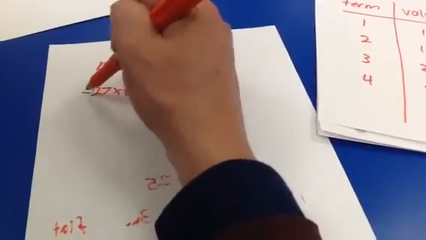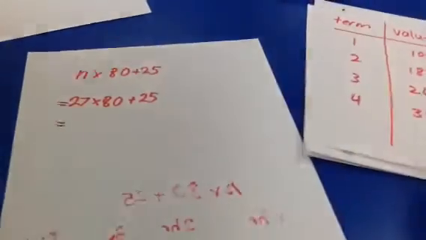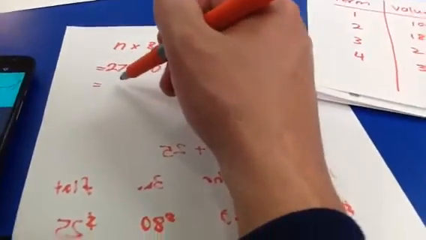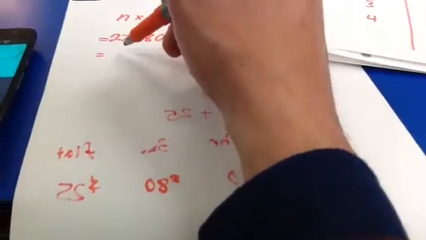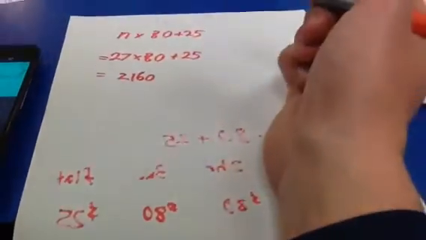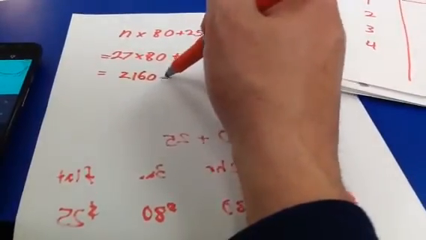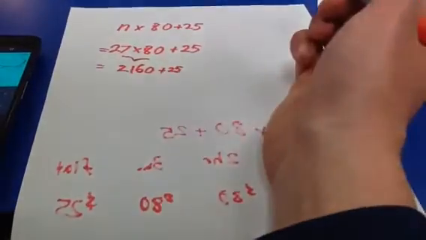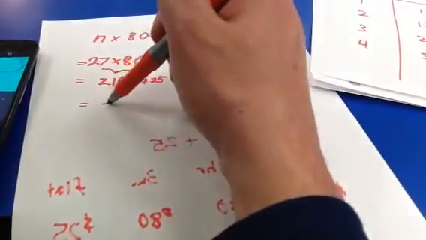And of course, this is something that they would be using a calculator on. And the correct answer will be, the first step that they're going to solve is the multiplication, 27 times 80, which my calculator is telling me is 2160, but then we also have our friend plus 25 to bring down, and the answer would be 2185.